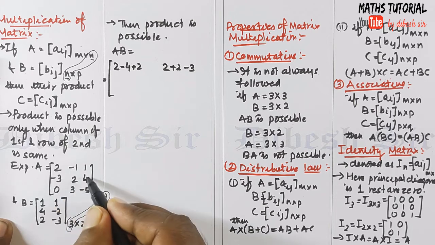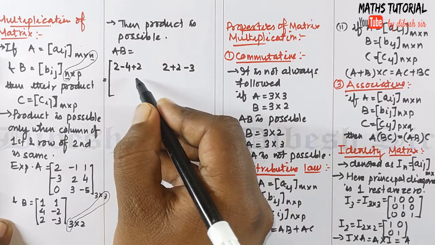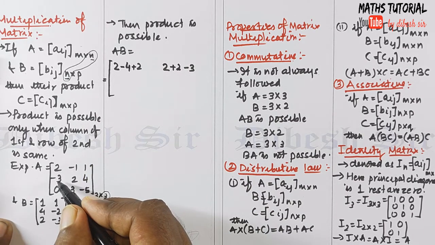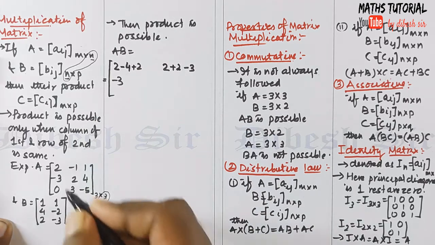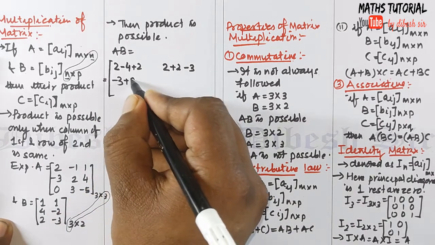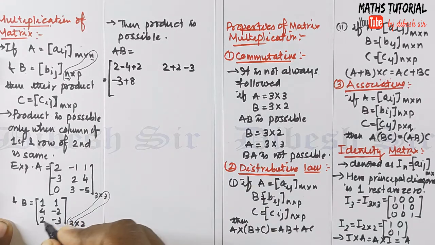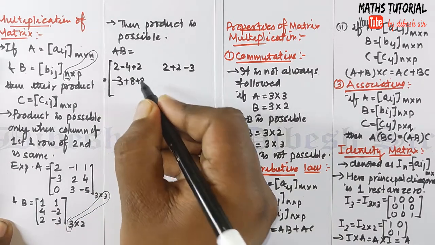Next, this row with the first column and place it in this place. So minus 3 into 1, minus 3, 2 into 4 plus 8, 4 into 2 plus 8.